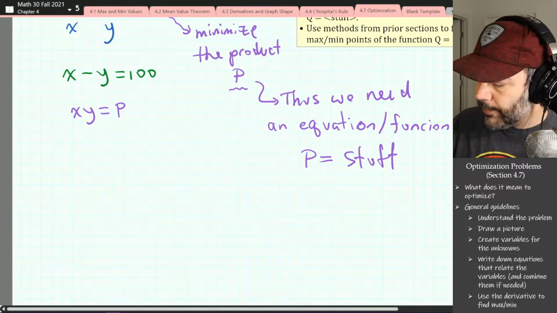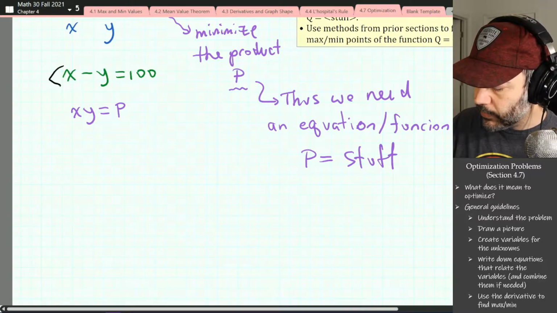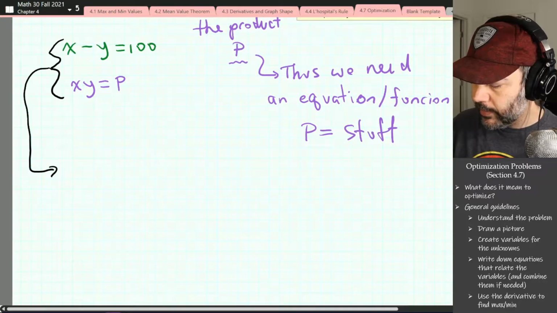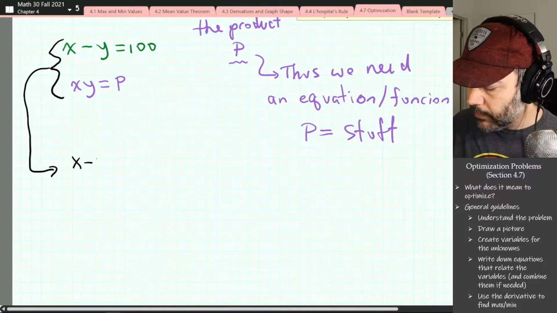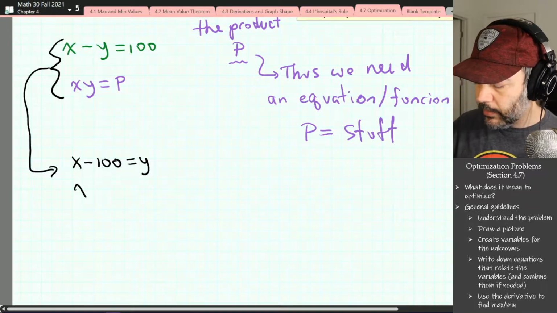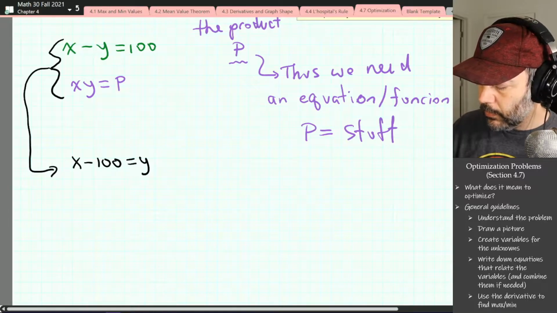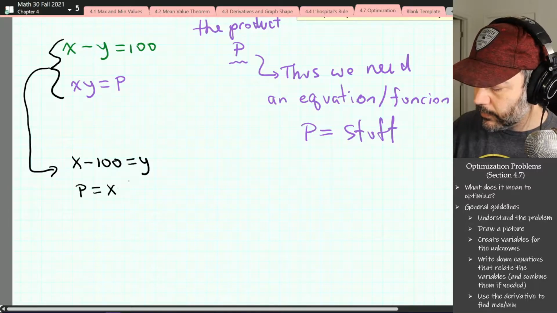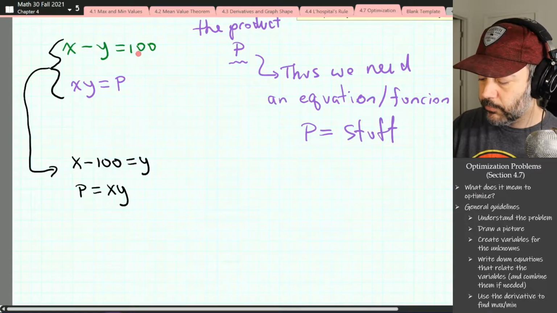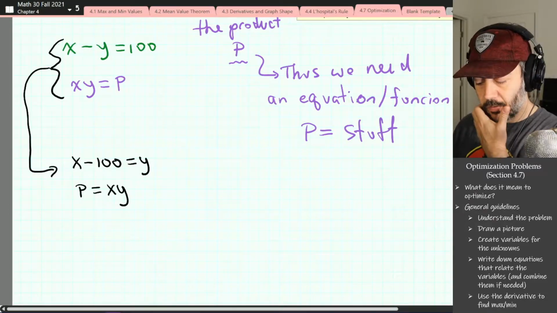But the better way to do this is to just use these two equations and substitute. So let's switch to black, and now we're going to do our final work. Let's bring these down here, and I'm going to rewrite them as x minus 100 equals y, and P equals x times y. Now, all I did was subtract the 100 over and add the y over to the right.